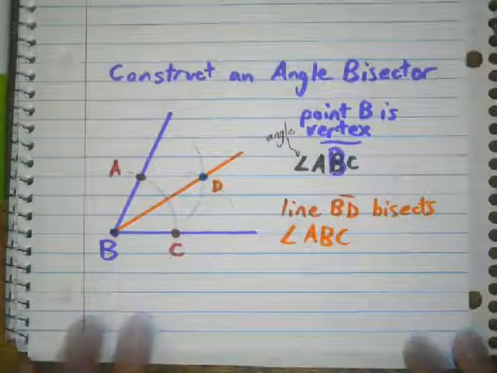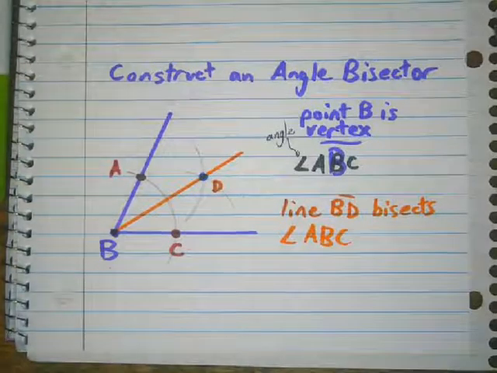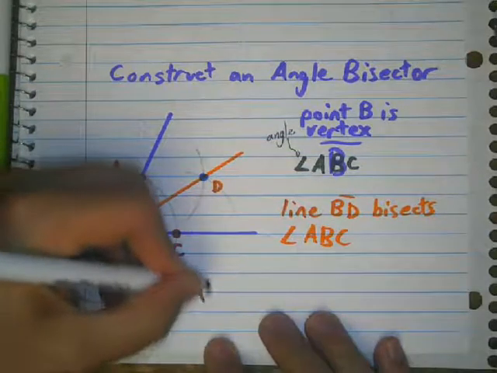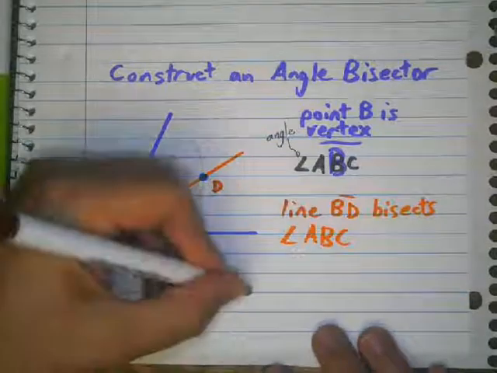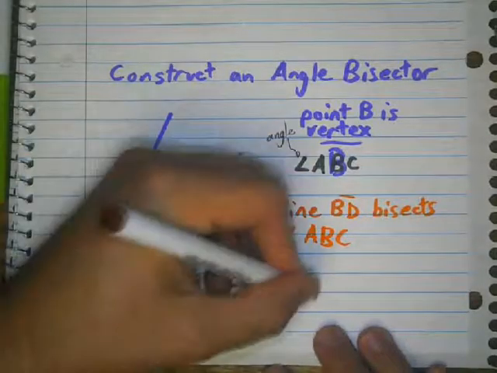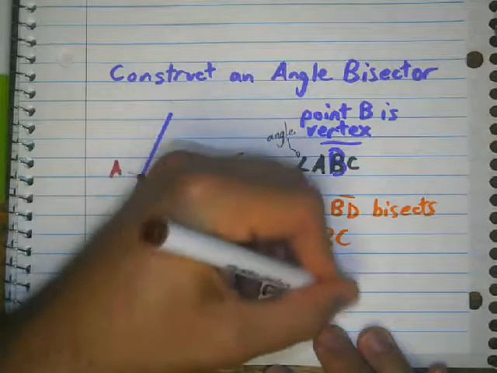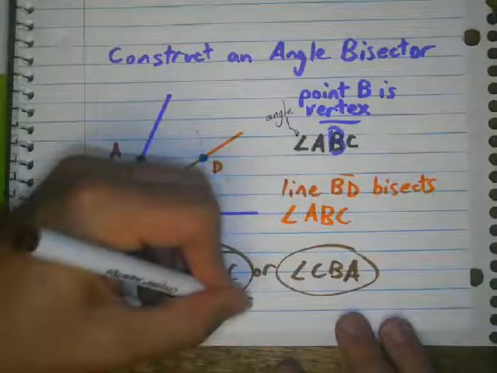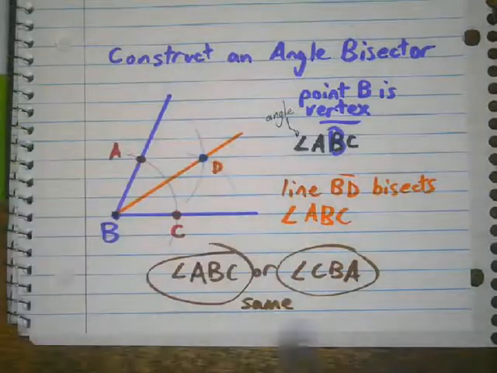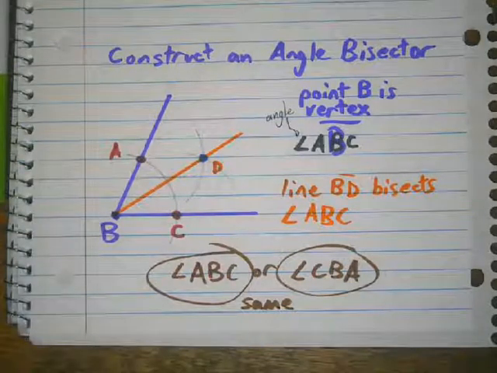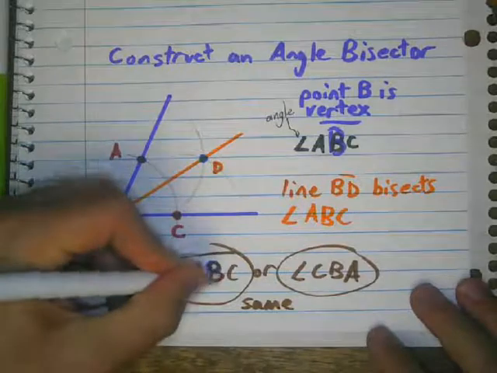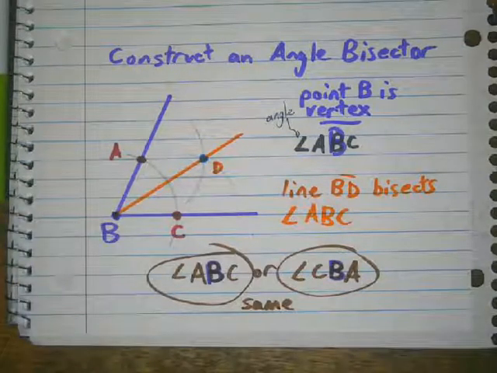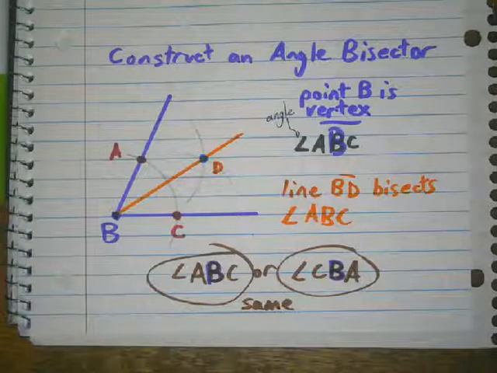Something also important to mention is I could call this angle ABC, or I could call this angle CBA. These are the same as long as our vertex B is in the center. Please take careful notes, hit pause, and replay it as many times as you need.